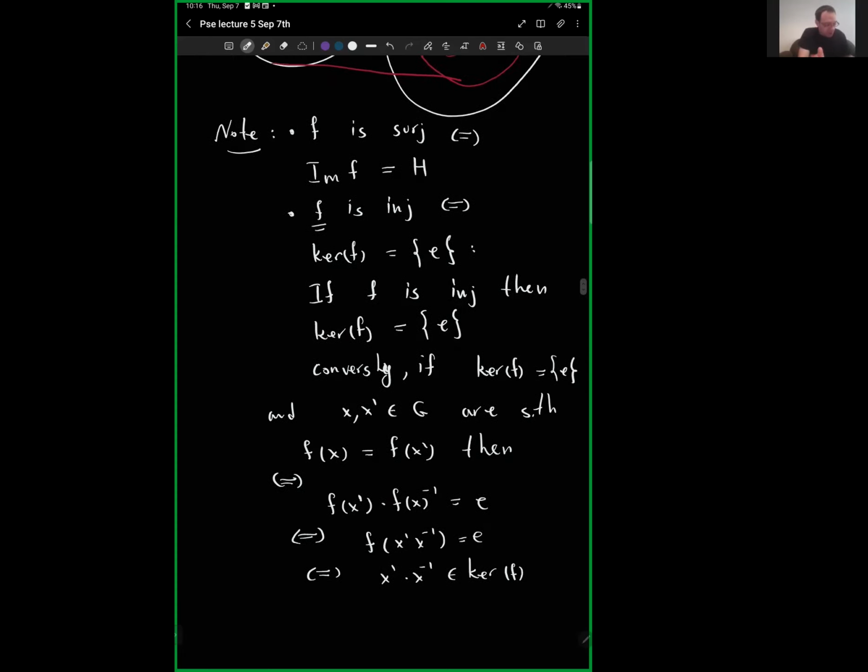But the kernel we assume to be trivial. So this implies, or in fact is equivalent, to say that X prime X^-1 is equal to E. And this is, of course, equivalent to say that X prime is equal to X. So F is indeed injective.